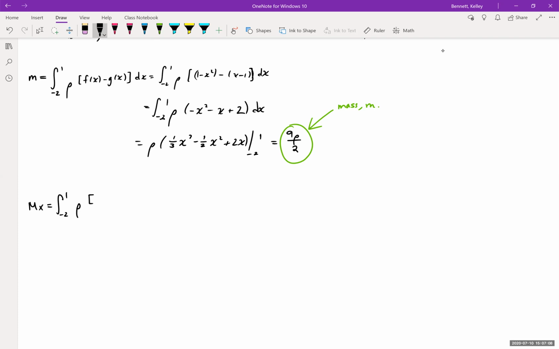But now I need to take f of x squared minus g of x squared, over 2, dx. So I'm just tweaking our formula a little bit to adjust to the fact that our region is not just bounded by the x-axis anymore. It's bounded by a lower curve given by g of x.